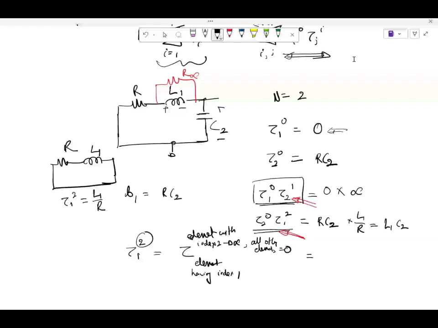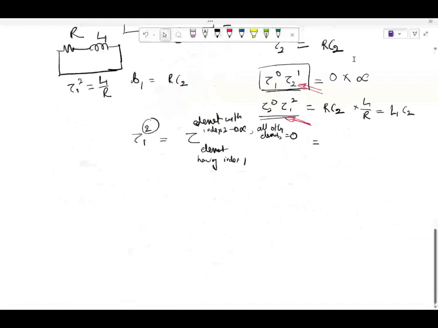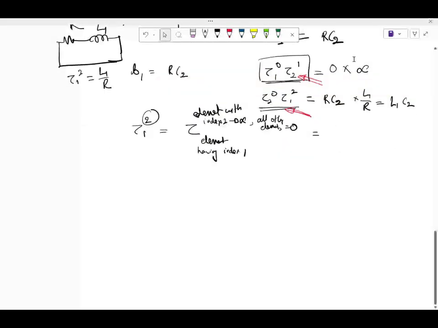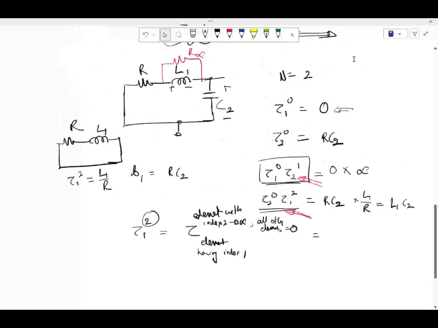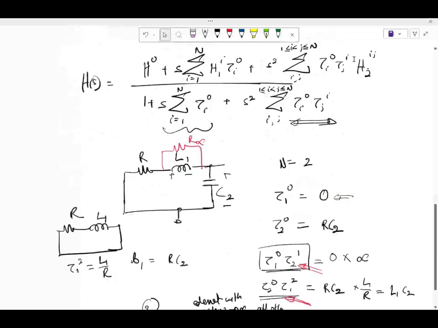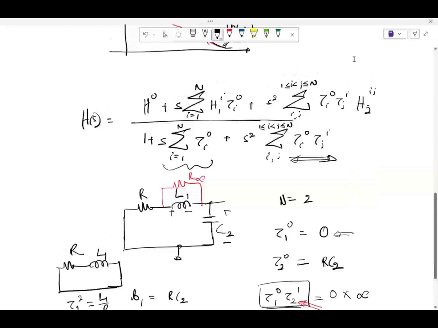Okay, now let's move to another way of intuiting. By the way, I have not completed the thought here. Here I got this term, here I got this term. What about the numerator? What is H0?